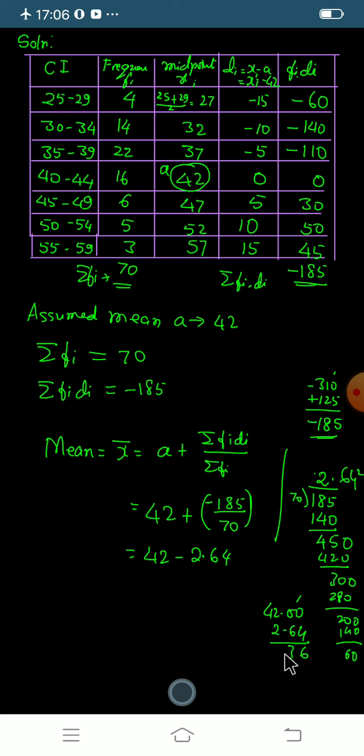Now it is 3, and 42 minus 2 is 39. So the right answer is 39.36. If any such question comes, you have to follow this method. Okay? Wish you all the best.